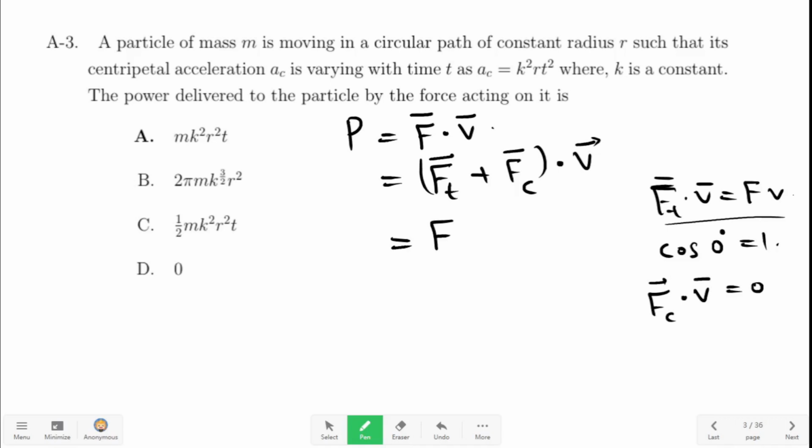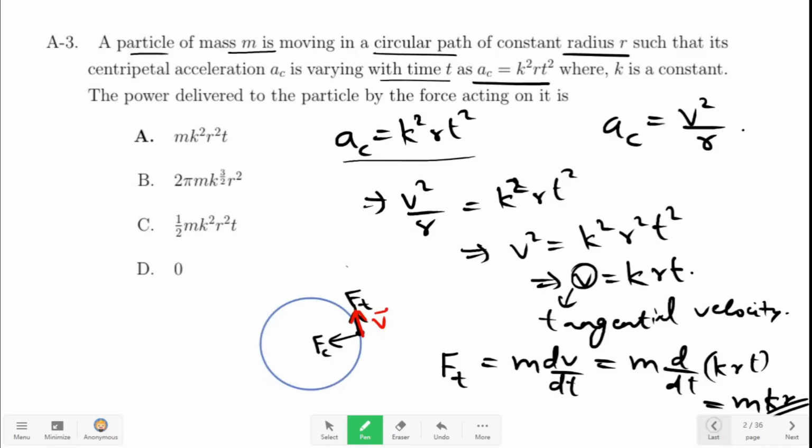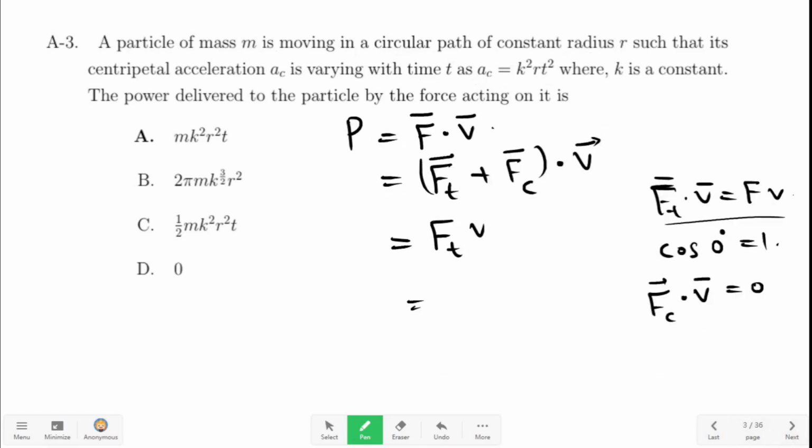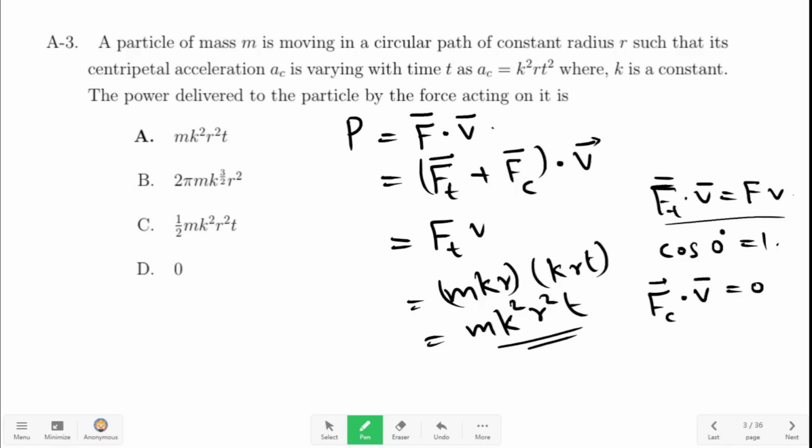Therefore we have P is equal to ftv, which is equal to ft is mkr, we found it here, mkr times v is krt. Therefore we have m k square r square t. This is the power delivered. Now there is another approach to do this problem.